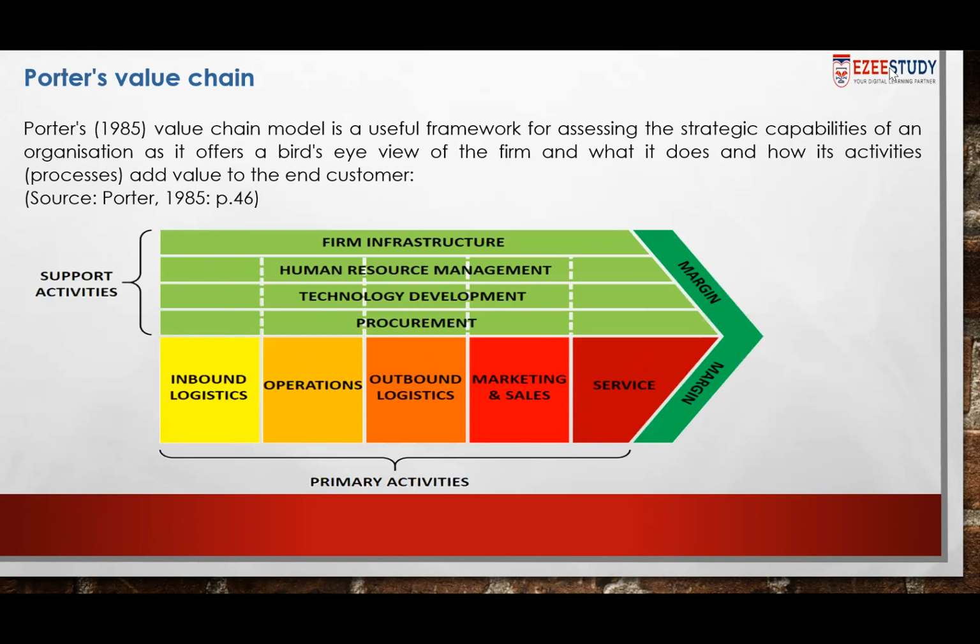Now, how can we use the Porter value chain to improve the quality of the product? Again, as I told you, the way you perform these activities will define how you produce the final product. Let's say you don't have a technologically updated assembly process; this will affect your ultimate product.